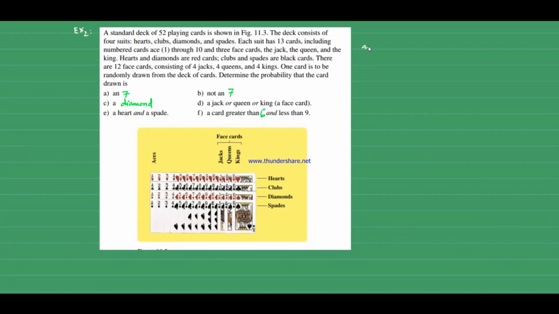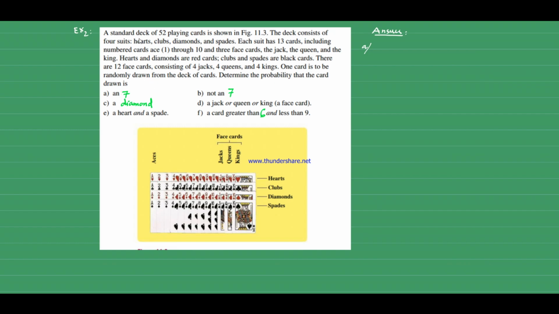All right. Again, this one is theoretical probability, because we never mentioned how many operations, like how many times we draw number 7, and it never mentioned how many card decks we have.